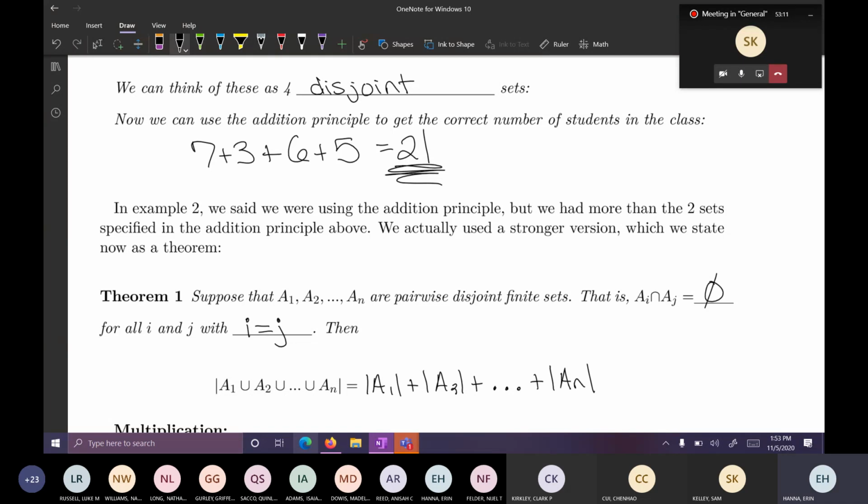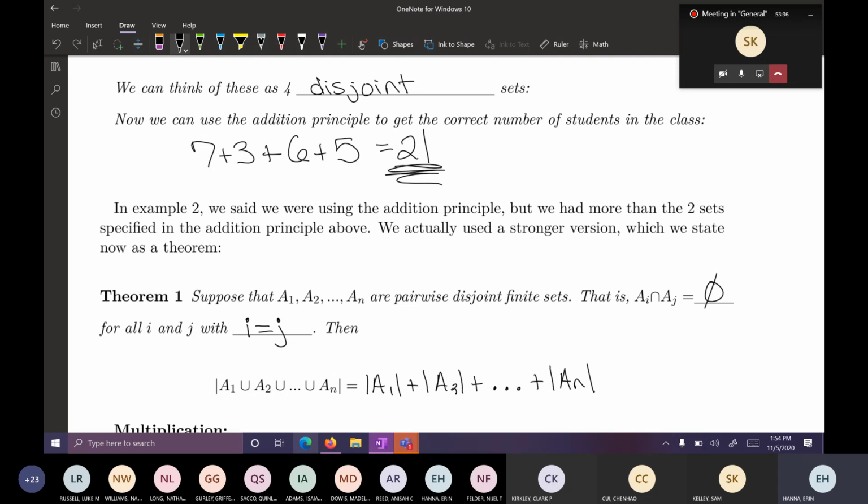Okay, so what was the i equals j part? That essentially means that when you're considering whether they're disjoint, you're not going to intersect a set with itself. So if we're labeling all of these A sub 1 through A sub n, you have to take 2 sets that are different. You can't take the same set and intersect it with itself, because then the intersection wouldn't be the empty set.